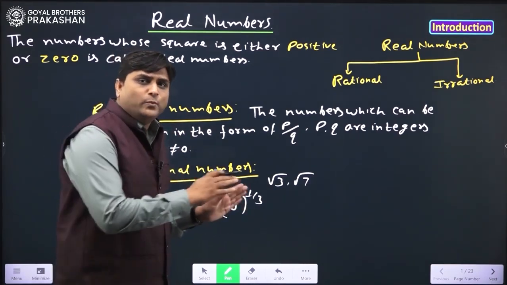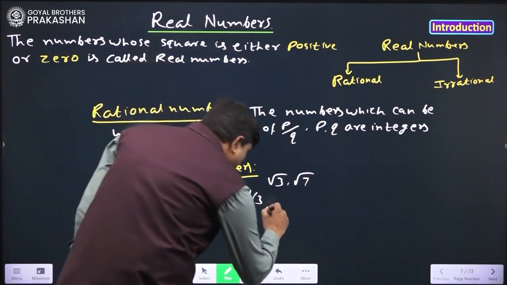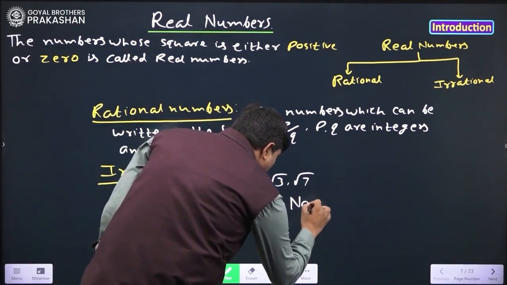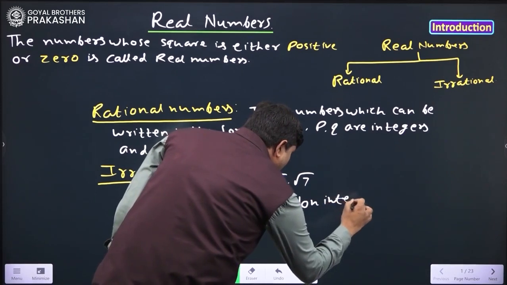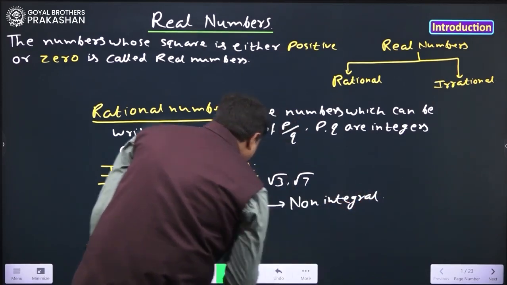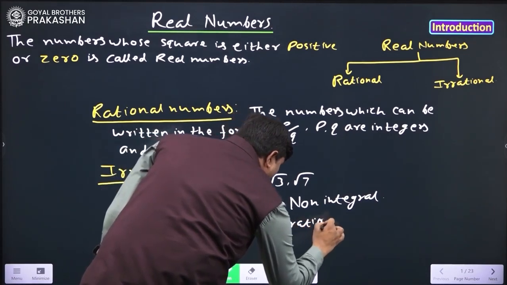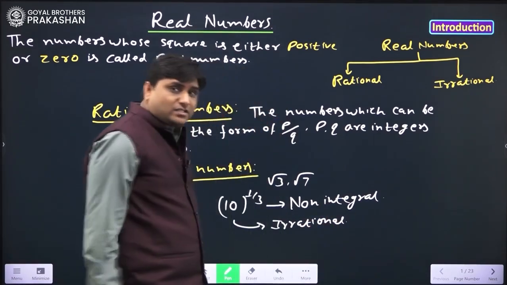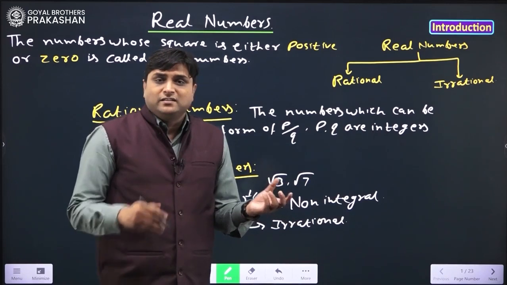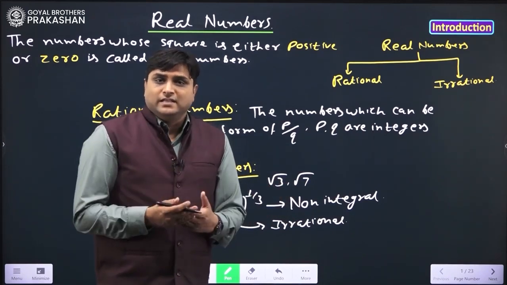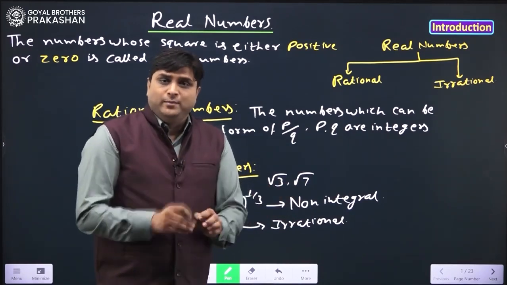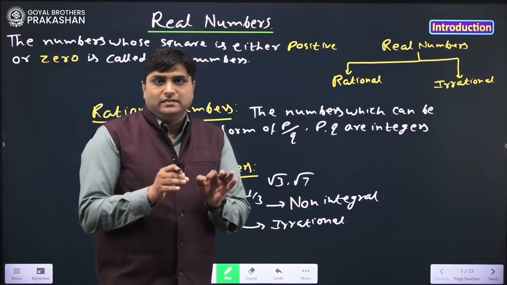So it will be 2 point something, meaning its result is non-integral, hence it is an irrational number. So whenever there is a fractional power in any number, and its result is not an integer, then it will be an irrational number.